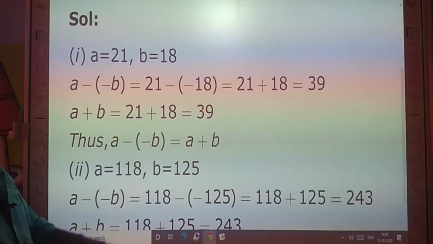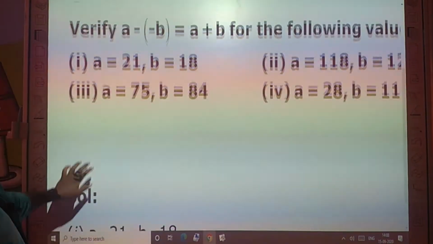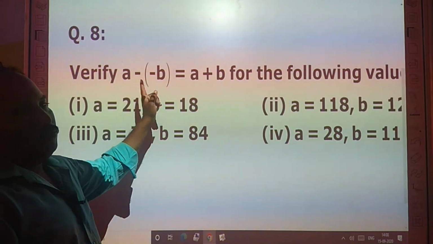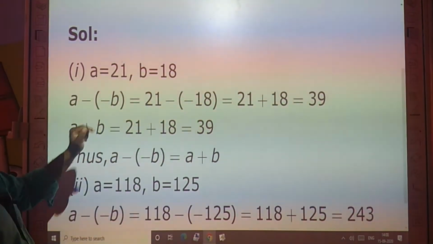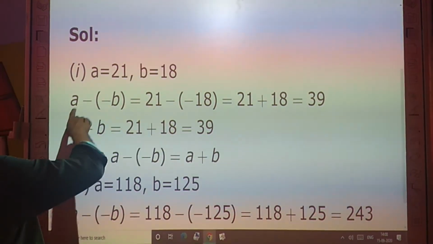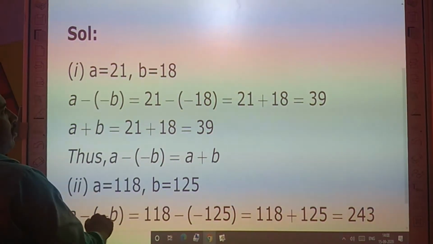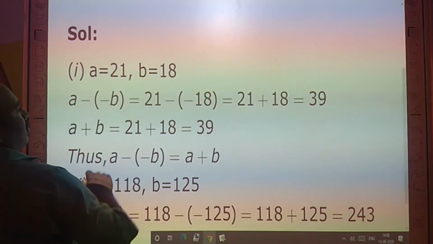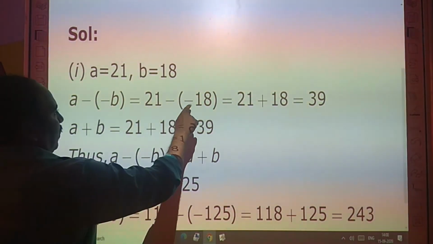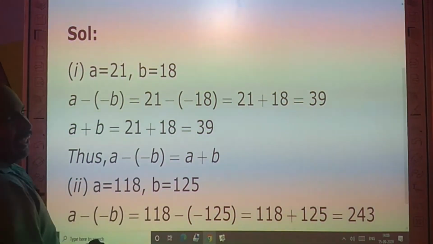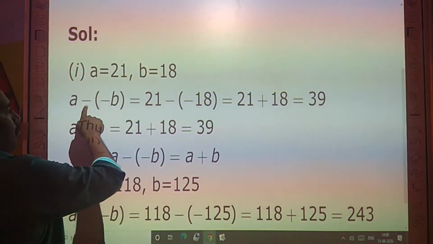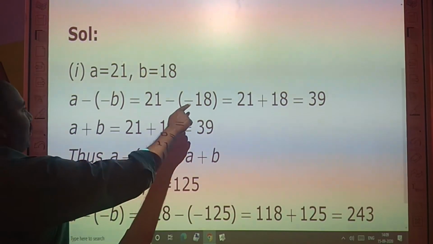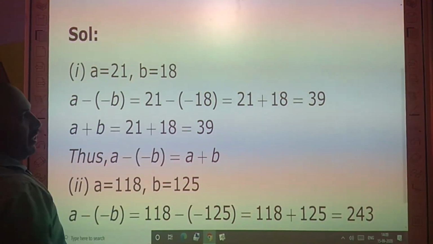First we take the left hand side. The left hand side is A minus of minus B. A is equal to 21, then minus again, B is equal to 18.